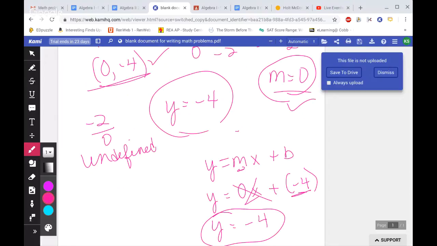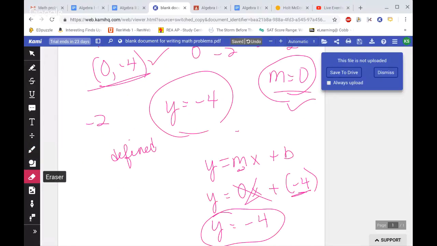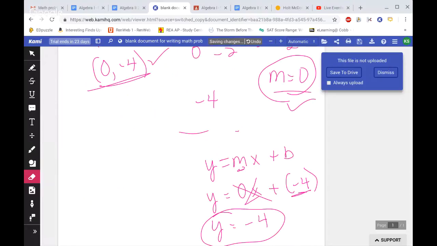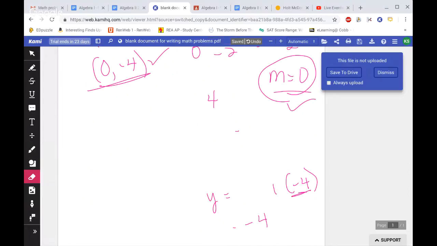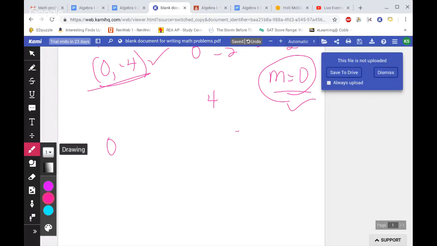Yes, ma'am. On the practice A on number 10, how would you find the b? How would I find what? The b. What is number 10? Is it a graph? No, it's actually not a graph. It says the coordinates 0 and 5, and 2 and 11.